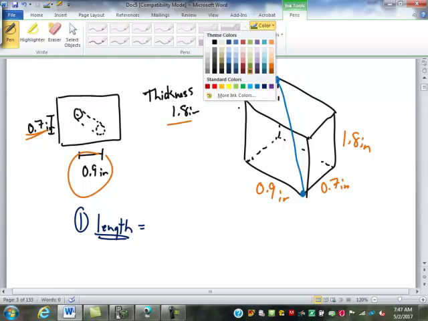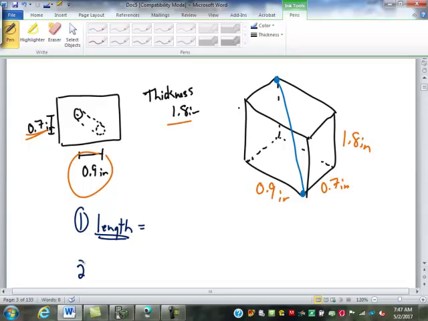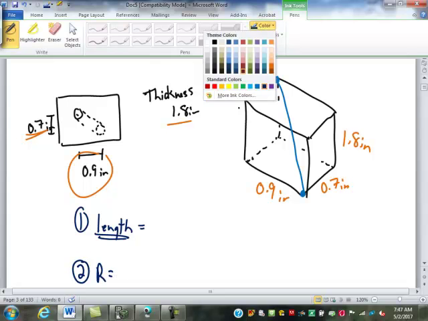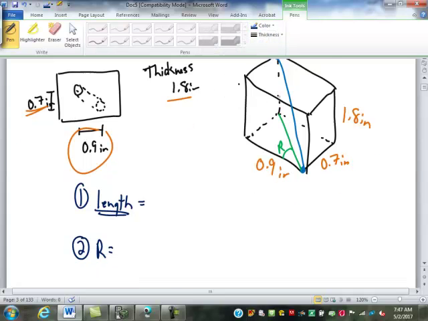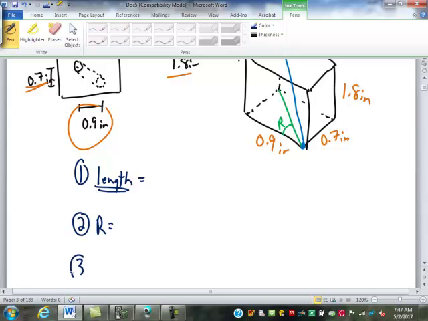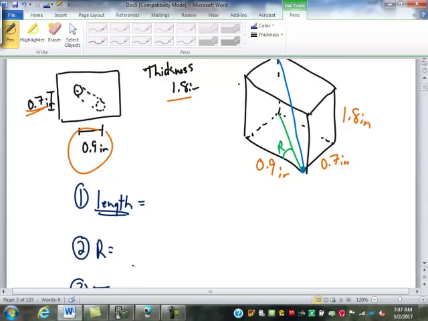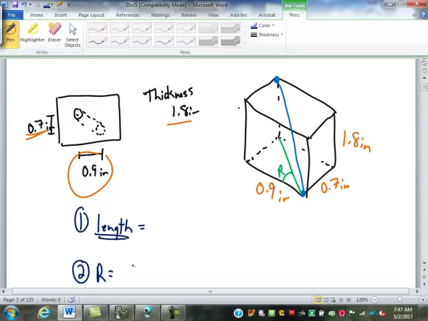Step two is always going to be to find angle R. Angle R is down here. That's our angle of rotation. And step 3 is always going to be to find angle T. So I want you guys to take about 4 minutes in your notes, try to find the length, R, and T, and we're going to go over them in about 3 or 4 minutes.